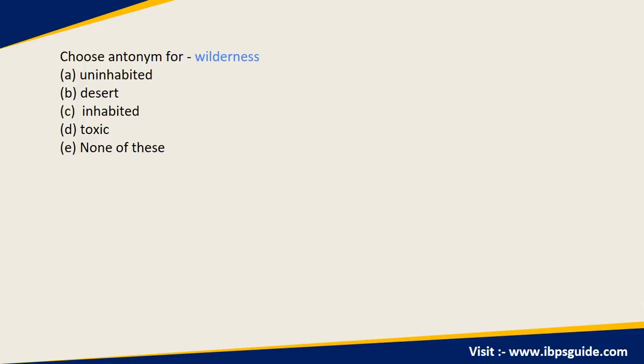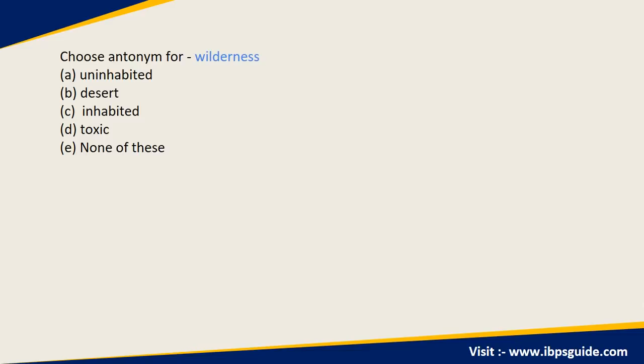All the other three options are very negative. So from the context, we know that the wilderness is a negative place to live in, and inhabited is the only option that says that it can be a place where people can live comfortably. Therefore, option C, inhabited, is the antonym for wilderness.